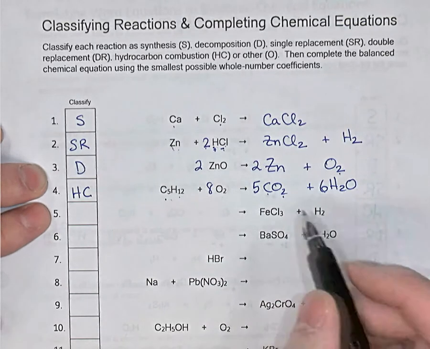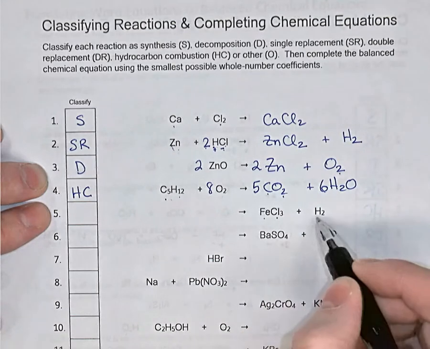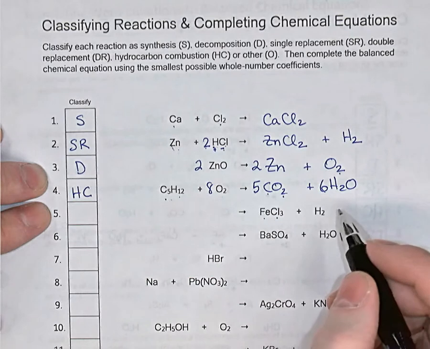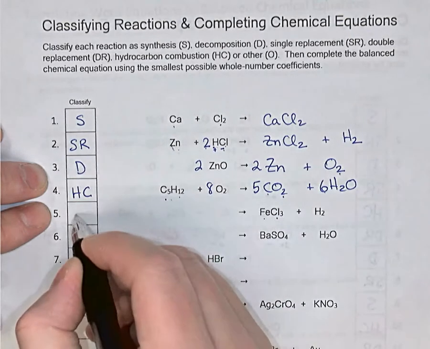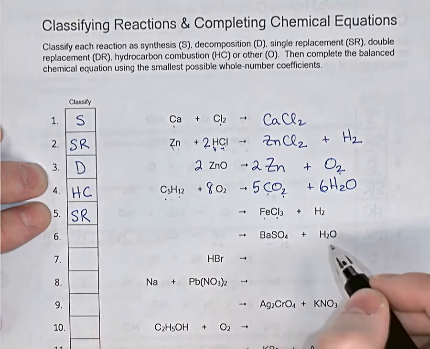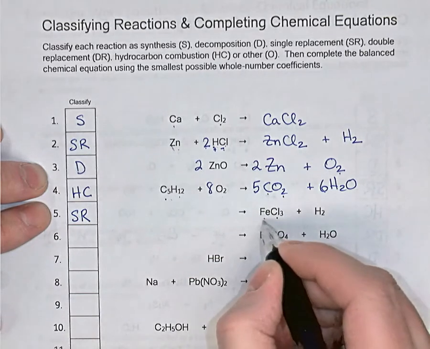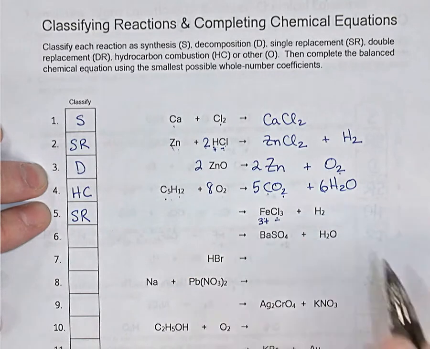In number 5, I see one of the products is iron chloride and the other product is hydrogen. Thinking about the different types of reactions, that looks like it would be the product of a single replacement reaction where an element comes out by itself and a new couple has formed. Looking at that new couple, the iron is 3 positive and the chloride is negative.